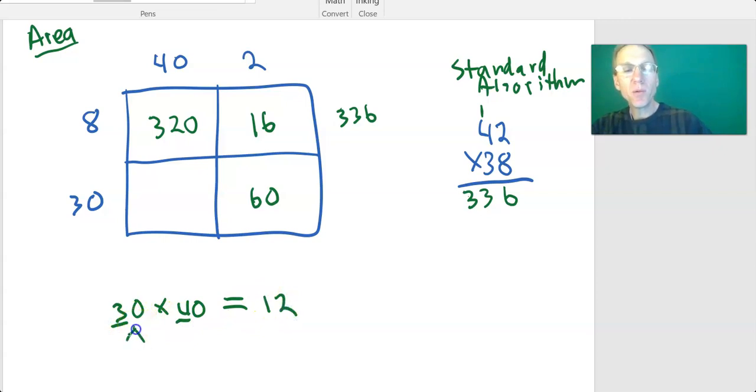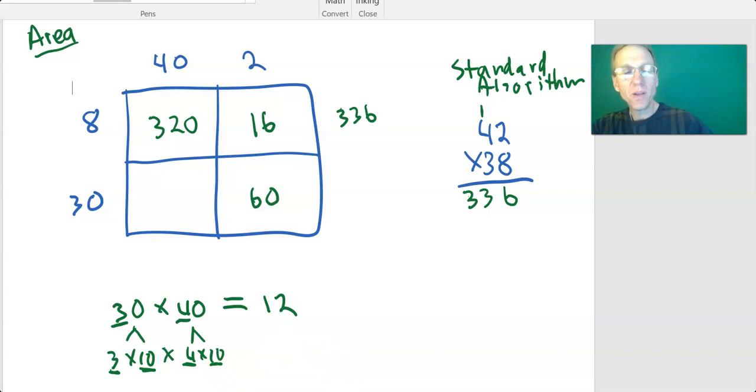Each one of these numbers can be broken down into 3 times 10, and 4 times 10. But what's really important is, that means we're going to multiply times 10 and times 10 again. Or you could look at the string of numbers I wrote down here, and you could do 3 times 4 is 12, and then 10 times 10 is 100.